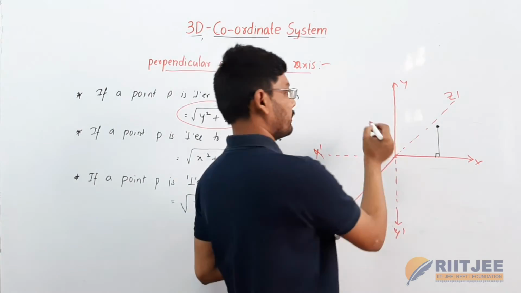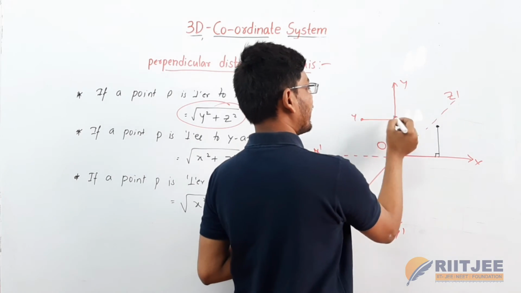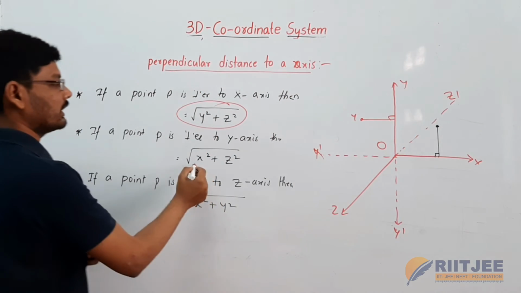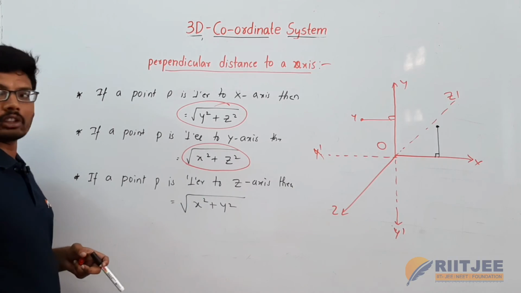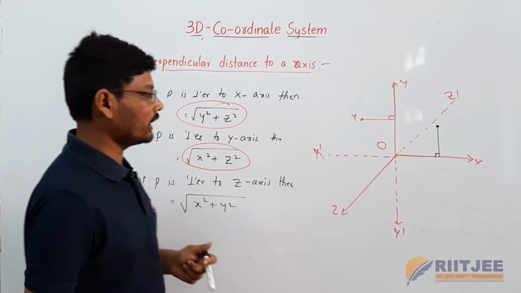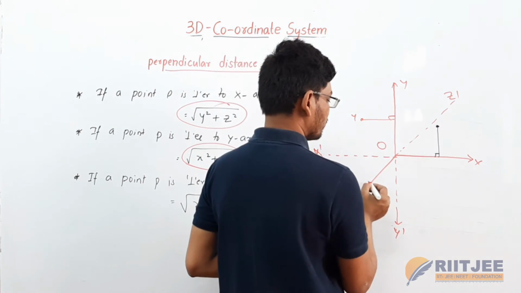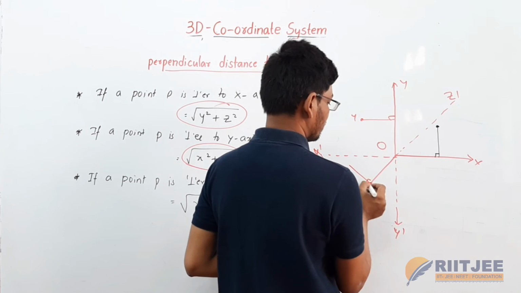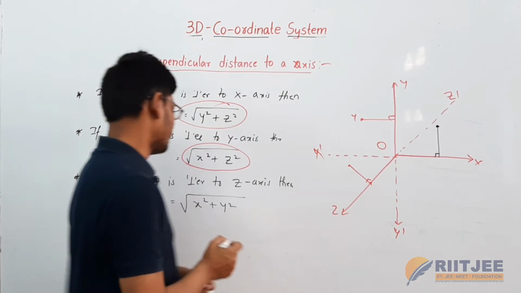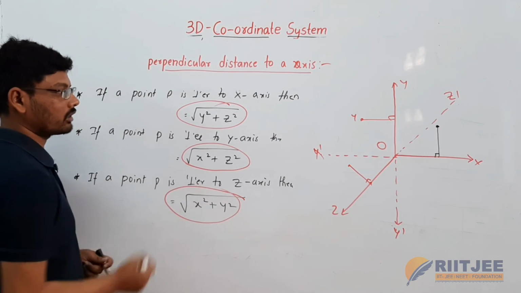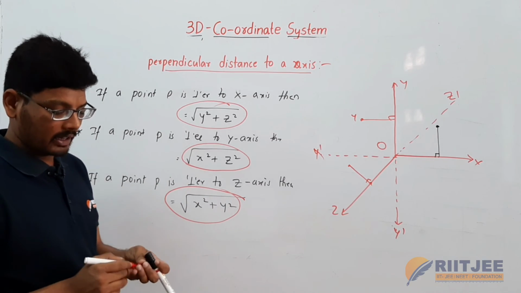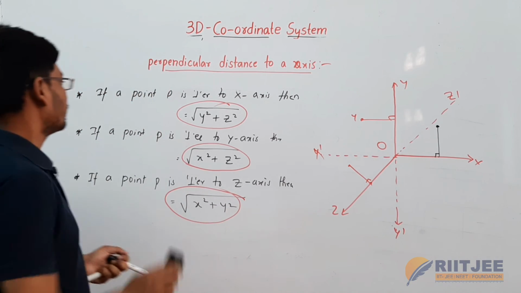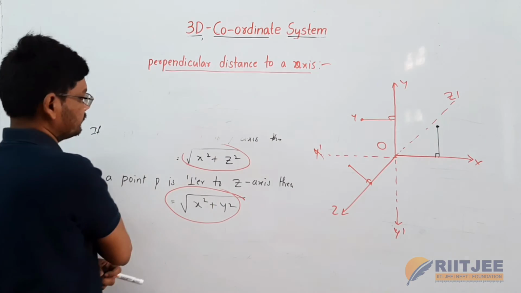If perpendicular to the y axis, the square root of x square plus z square. And if perpendicular to the z axis, the square root of x square plus y square. This is all about perpendicular to an axis.